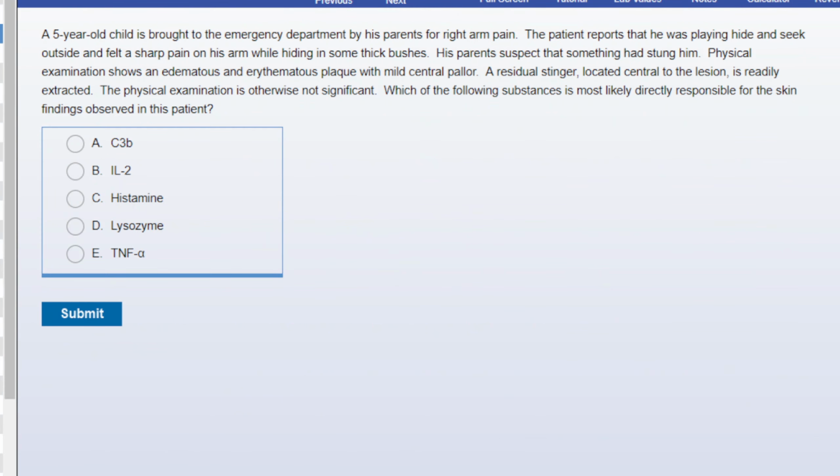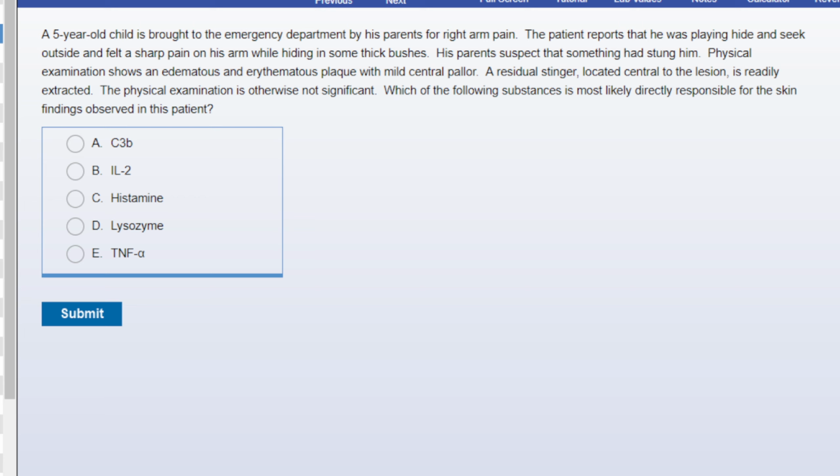A 5-year-old child is brought to the emergency department by his parents for right arm pain. The patient reported that he was playing hide and seek outside and felt a sharp pain on his arm while hiding in some thick bushes. The parents suspect that something had stung him, like an insect.